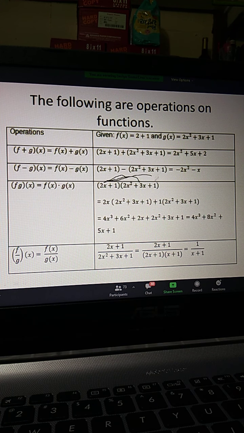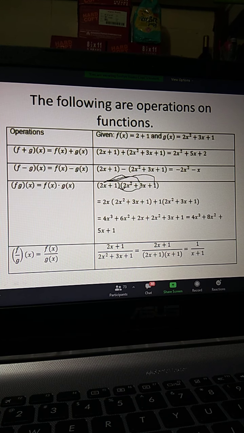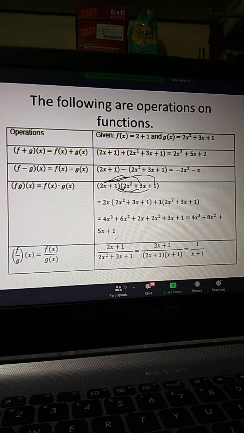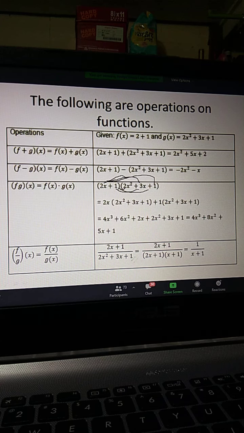Remember, if you remember. And then combine similar terms. And then don't forget to arrange the terms in decreasing order. In the division, we can cancel this one. So the remaining is 1 over x plus 1. So that is how.